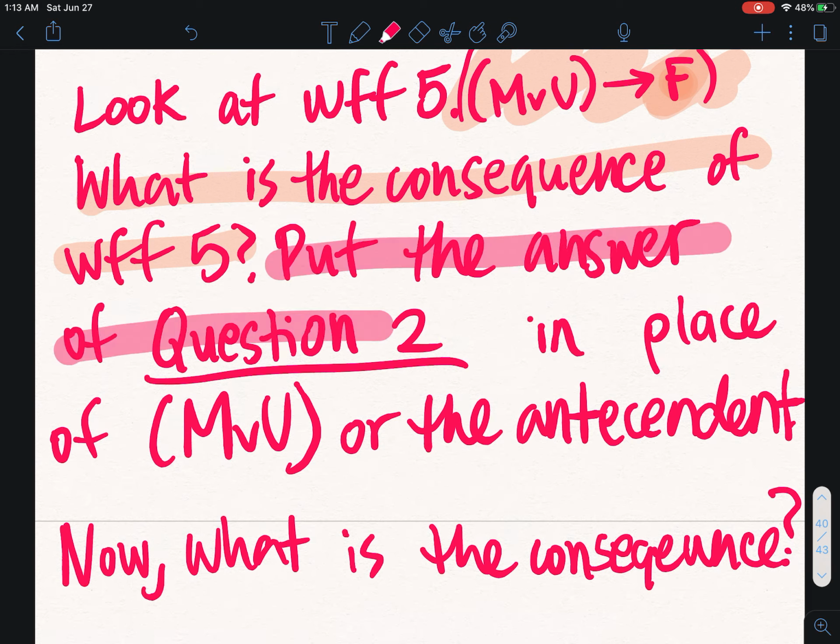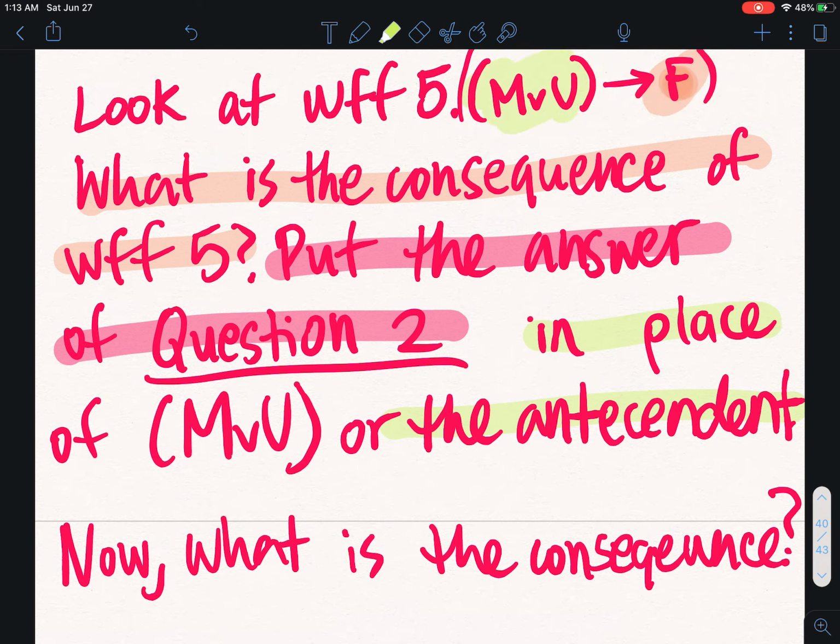Put the answer of question 2 in place of M. Or it is saying, put the answer of question 2 in place of the antecedent. This is the antecedent.